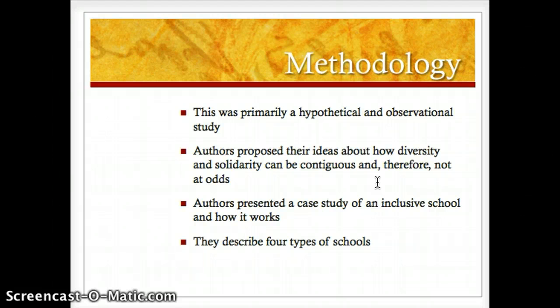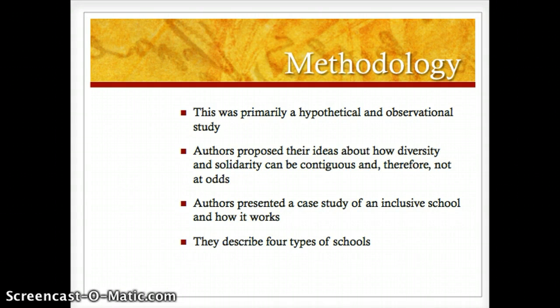In this multicultural, diverse, inclusive school, it supports a community-based concept that the pupils, the students, are part of the community, where the community is part of their learning process.